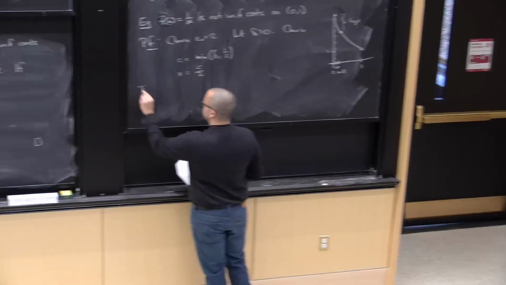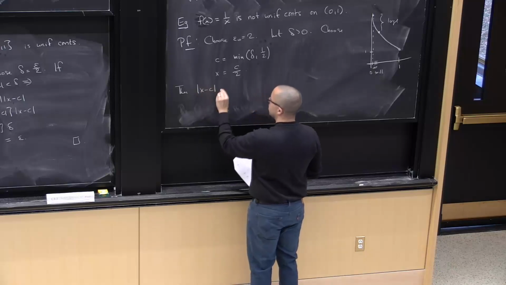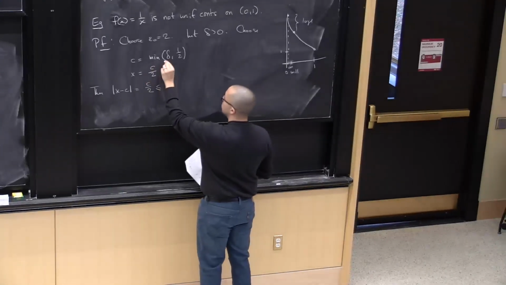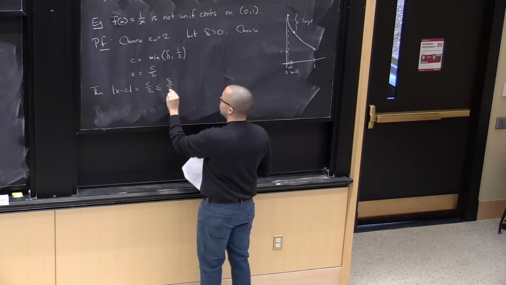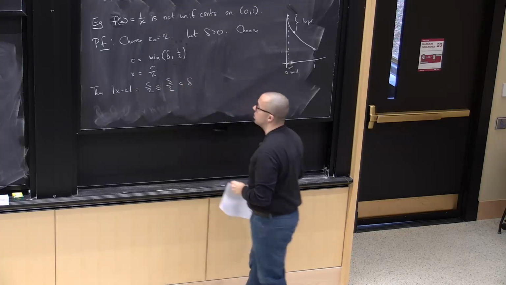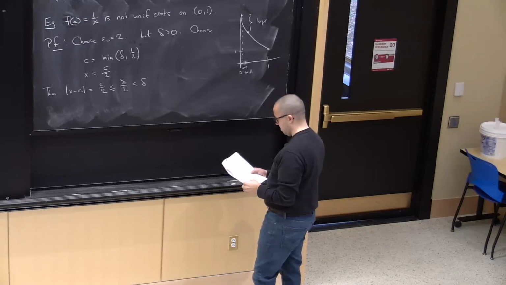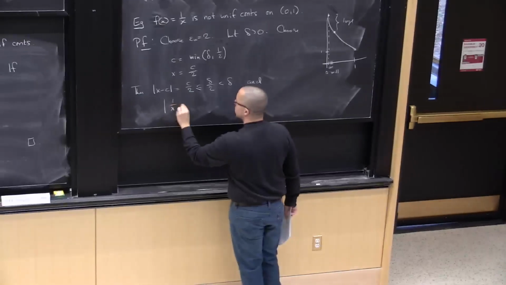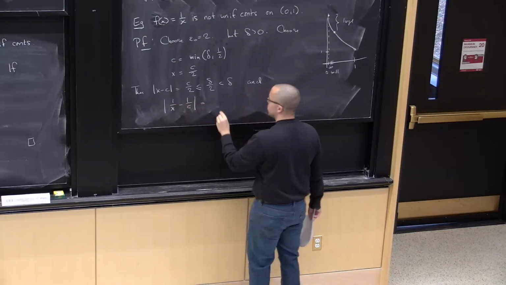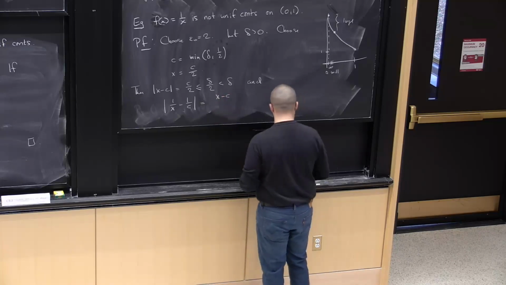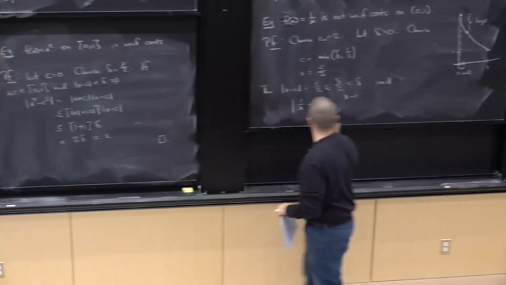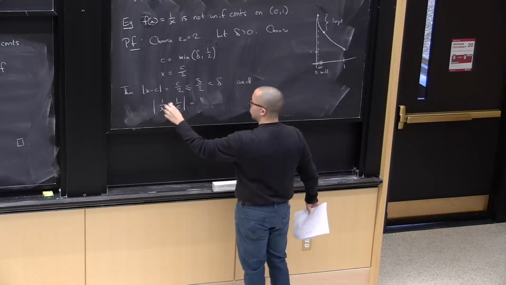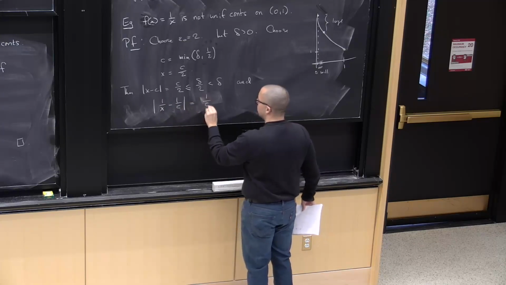So then we see that x minus c equals c over 2, which is certainly less than or equal to, since c is the minimum of delta and 1 over half, less than delta over 2, which is less than delta. And if we compute 1 over x minus 1 over c, remember, x is c over 2, so 1 over x is 2 over c, so 1 over c.